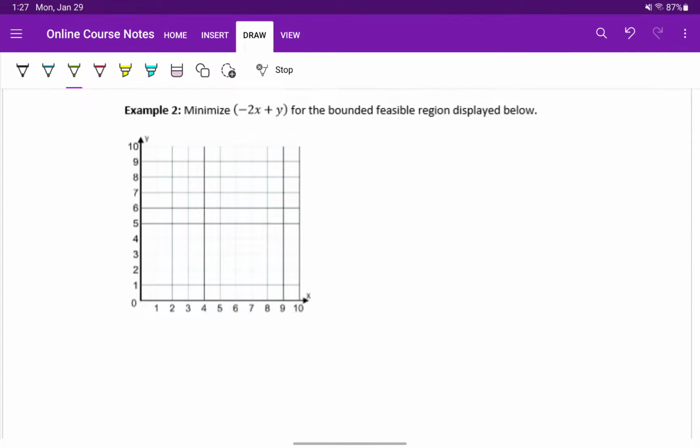Similarly, in example 2, we want to optimize an objective function. The points that we're going to look at plotting here to create this feasible region are (0, 0), (4, 10), (5, 6), and (10, 0). Right now, don't worry about where those points come from. They're essentially just arbitrary at this point, just to create a feasible region.